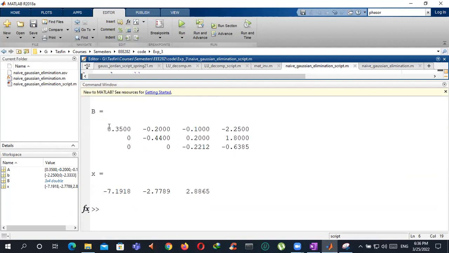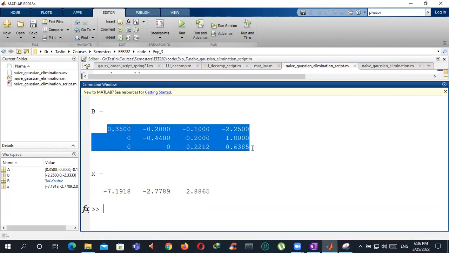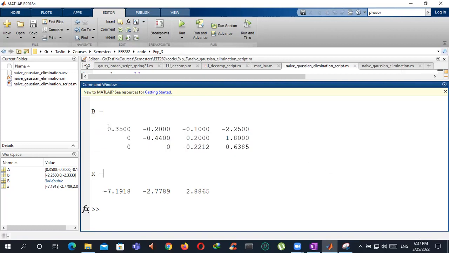It means from here you can get the row echelon form as well. Row echelon form means, in Math 216, I guess you had to do this type of thing. You had to find the matrix after performing the Gaussian elimination. So you will get the matrix here after performing the Gaussian elimination.